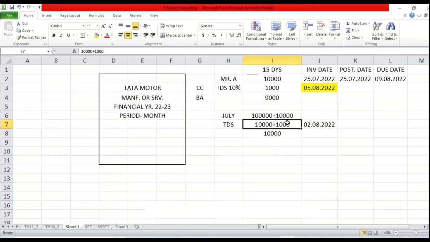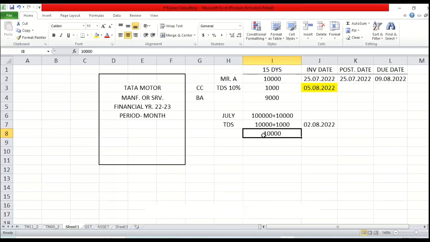But the actual deduction is 11,000. Overall deduction is 11,000, and the payment made to the tax department is 10,000. So this is called tax manipulation, and it is not at all good for the health of any organization, guys, right? Why? Because when the audits are going to happen, right?